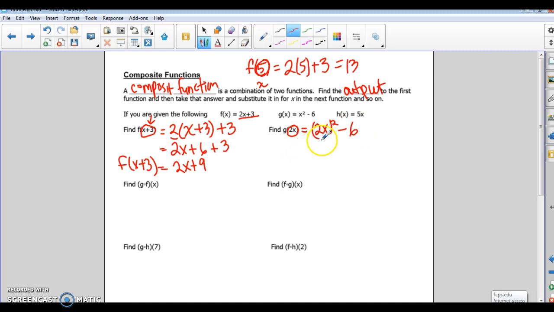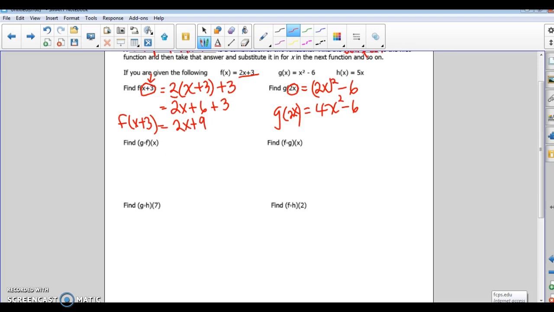What is 2x squared? 2 squared is 4, x squared is x squared, minus 6. So g of 2x is 4x squared minus 6.